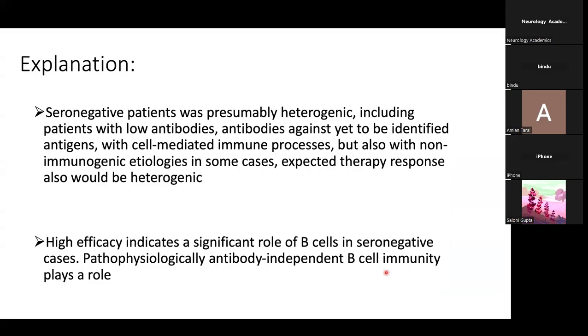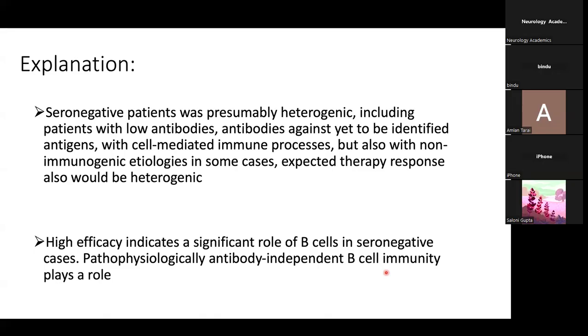The seronegative patients are presumably heterogeneous, including patients with low antibody against yet-to-be-identified antigens, with cell-mediated immunity, but sometimes there is a non-immunologic etiology in some patients. So the therapy response is expected to be heterogeneous.